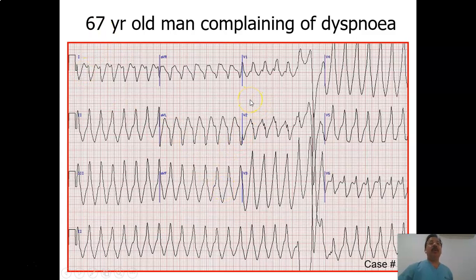Hypertrophy: you don't comment on hypertrophy if you get wide complexes on the ECG. For bundle branch block, even when it's a fast tachycardia like this one, it's very difficult to look at the bundle branches. But if you look here at V1 and V6, it looks like a right bundle branch block pattern.